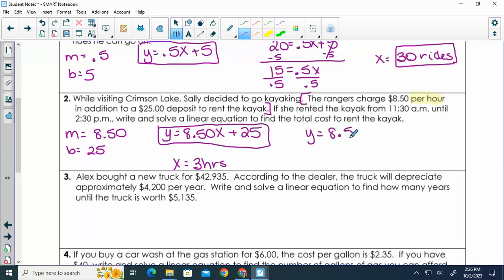So we have the 8.50 times 3 plus 25. So 8.50 times 3 gives us 25.50.